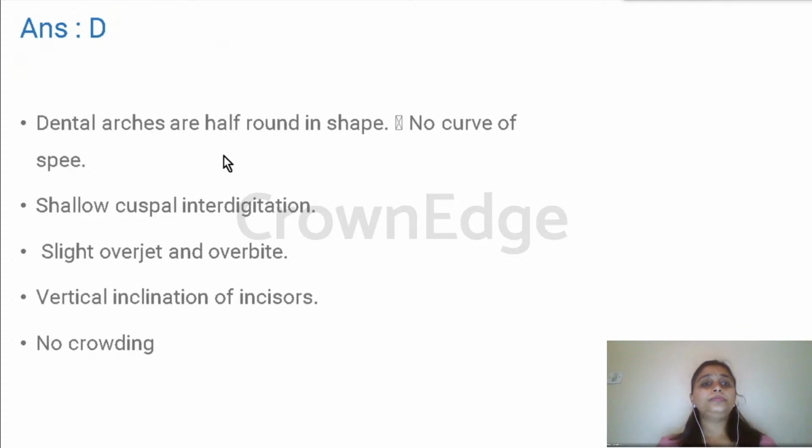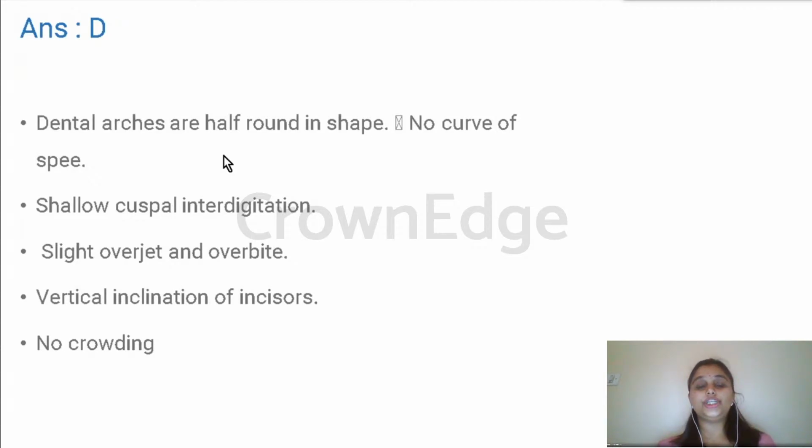Basically, the dental arches are half round in shape. We call them the Roman arches. There is no curve of Spee; the curve of Spee is very flat. The curve of Spee comes into being only in the permanent dentition.